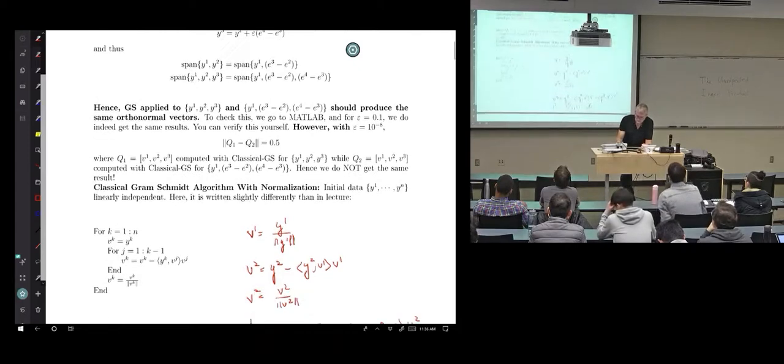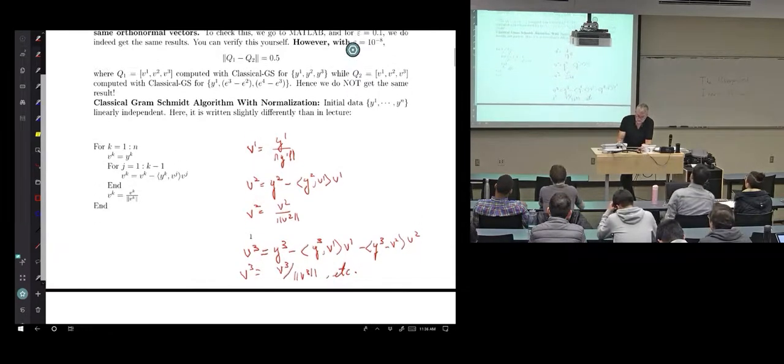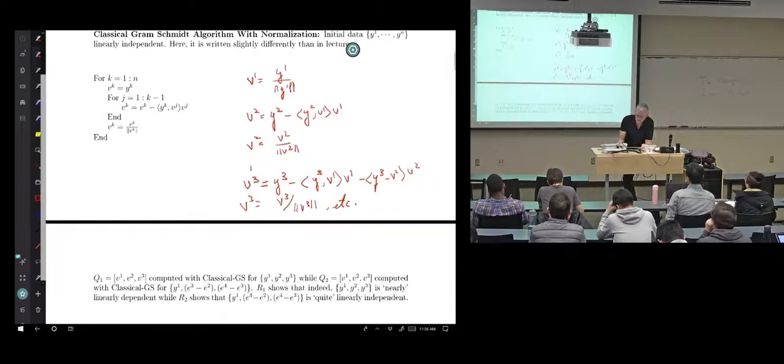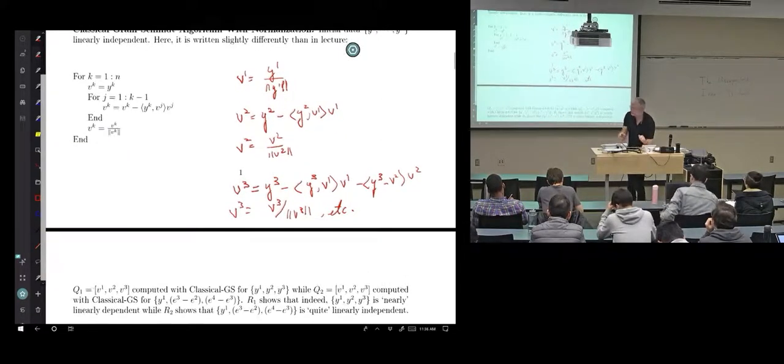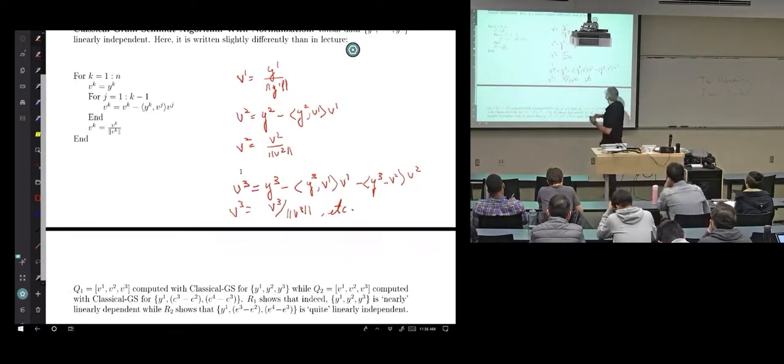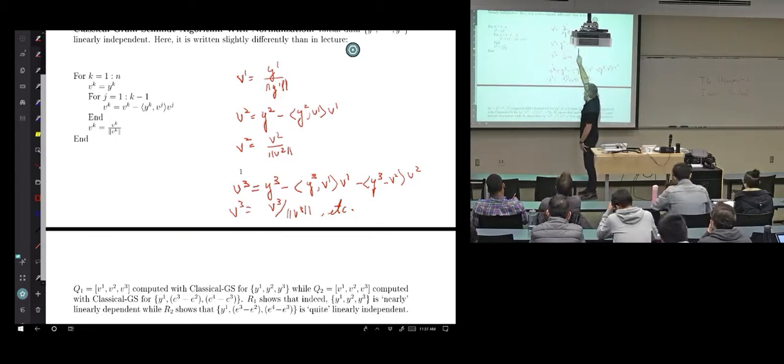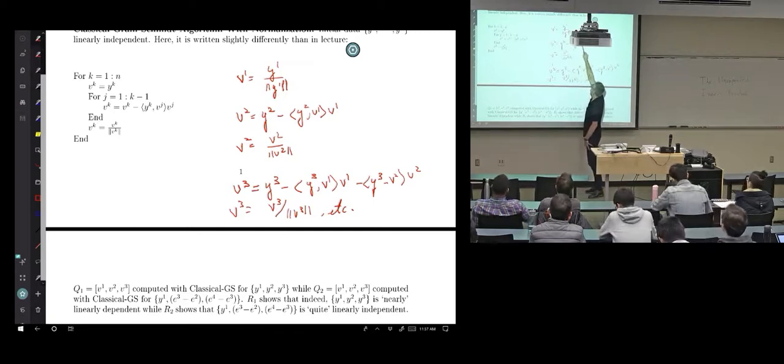Okay, so here's the classical Gram-Schmidt algorithm with normalization. You guys didn't do the normalizations on Tuesday. So I just set V1 equal to Y1 and I divide by its norm. Then I subtract off the projection of Y2 on V1.